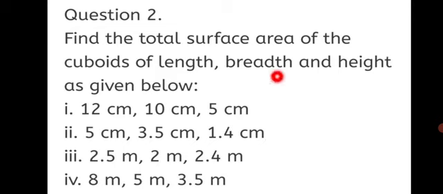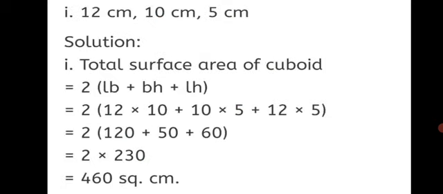And using the formula for total surface area of the cuboid, do you remember the formula? Yes, that formula we are going to use to solve question number 2. So first we will have to write what is length, breadth and height, then the formula and substitute the values to get the answer. So we begin with sub question 1 where the length is 12, breadth is 10 and height is 5 centimeter.